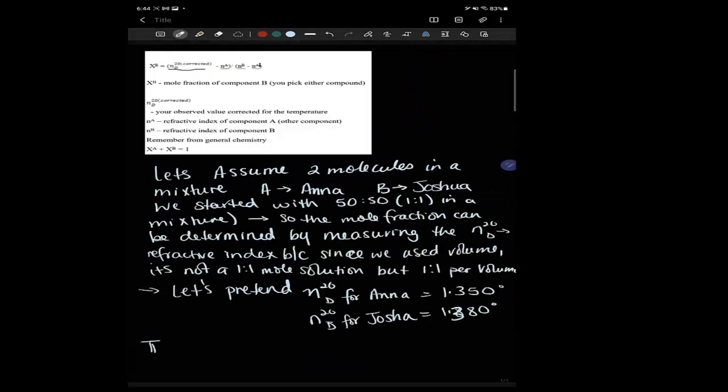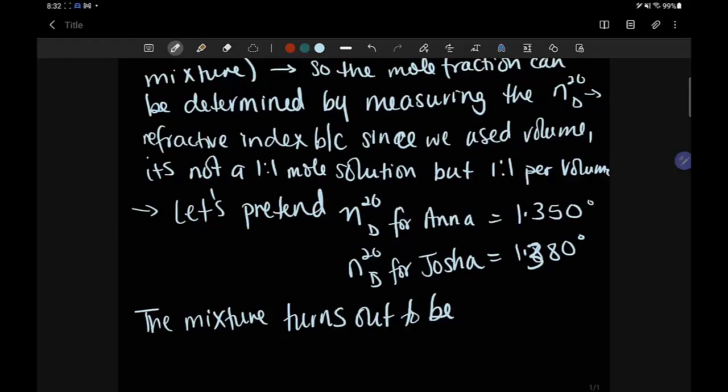Clearly these are not molecules, and I don't know what the answer is going to be when I do the math because I'm just making these up. So we can say if the mixture is 1-to-1, we can use this information to determine the mole ratio, like how many moles of one to how many moles of the other is in the solution.